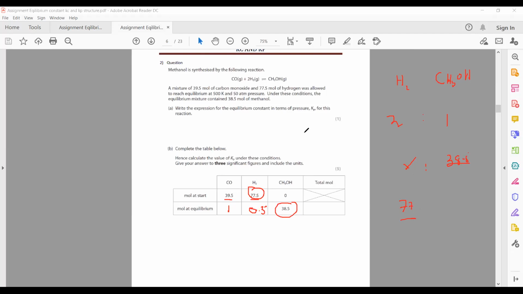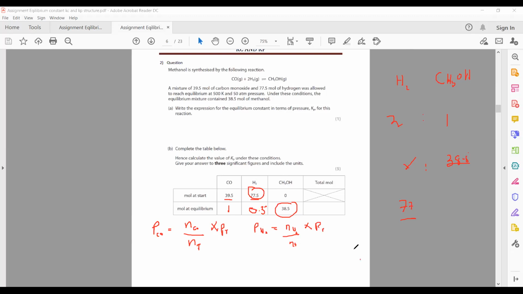And then you just substitute, but it's a pressure. So how to substitute? You will find the partial pressure for each gas. The pressure of carbon monoxide is the number of moles of carbon monoxide in the mixture at equilibrium, divided by the total number of moles, multiplied by the total pressure. Then the partial pressure of hydrogen is the number of moles of hydrogen divided by the total number of moles, multiplied by the total pressure.